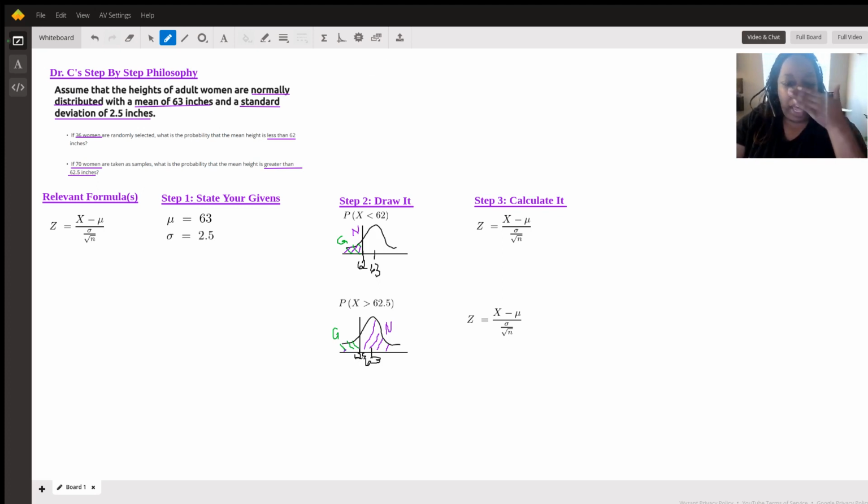Okay, so now we have everything written out for us. We know that the mean is 63. The score for here is going to be 62. So we're just going to edit the equation. And we essentially know that it's 62 minus 63 divided by 2.5 divided by the square root of 36. Okay.